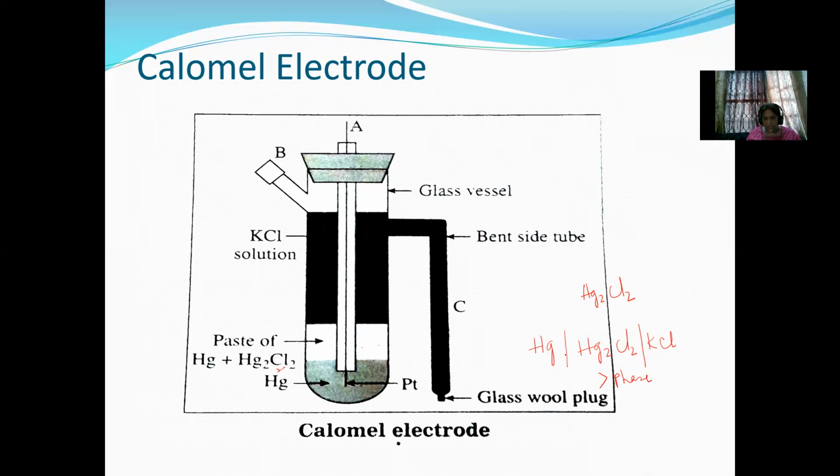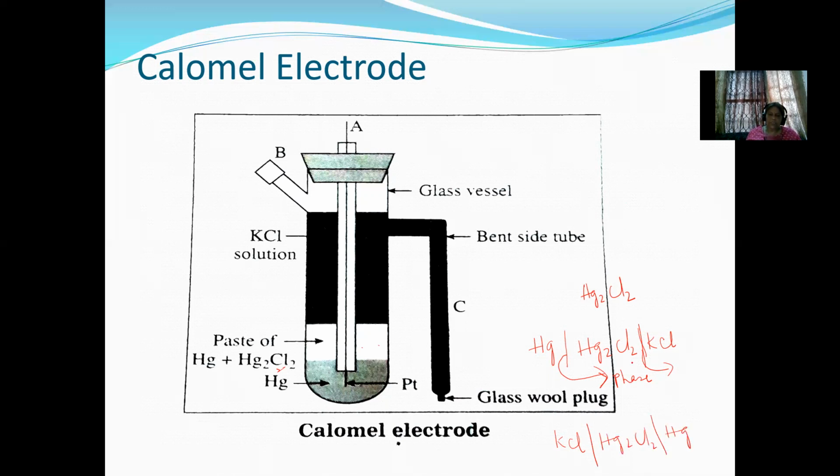So to separate the phases, we use the single bar. Okay. So this is the representation. Now you can write this representation from the other side also. You can start from KCl, then it is in contact with the mercurous chloride, and then it is in contact with the mercury.